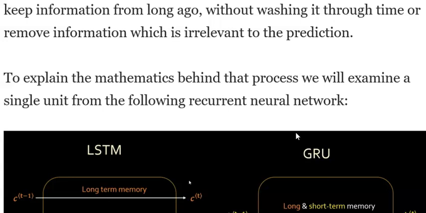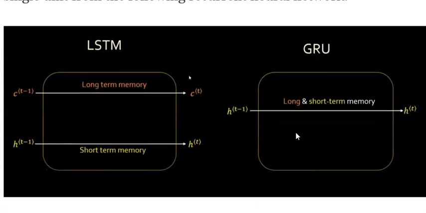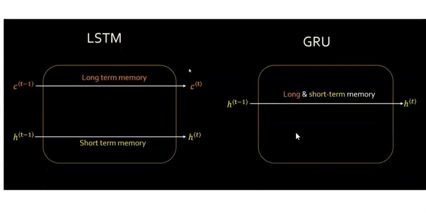To keep the information from long ago without washing it out through time, or to remove information that is irrelevant to the prediction, we need to wash it out, right? To explain the mathematics behind the process of GRU, we should go through the architecture. Many of the things here I have adapted from Code Basics, a YouTube channel. You can also refer to it for LSTM, GRU and RNN.